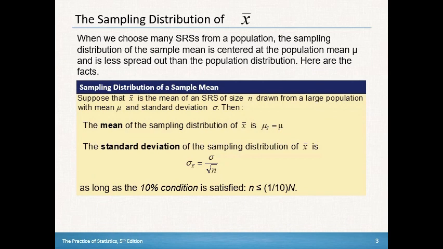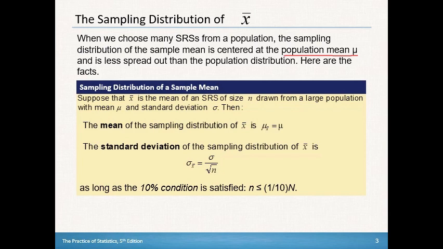All right, so when we choose a simple random sample from a population, the sampling distribution of the sample mean or X bar is always centered at the population mean, mu. Now we know this because X bar is an unbiased estimator, and we talked about this earlier in this chapter.